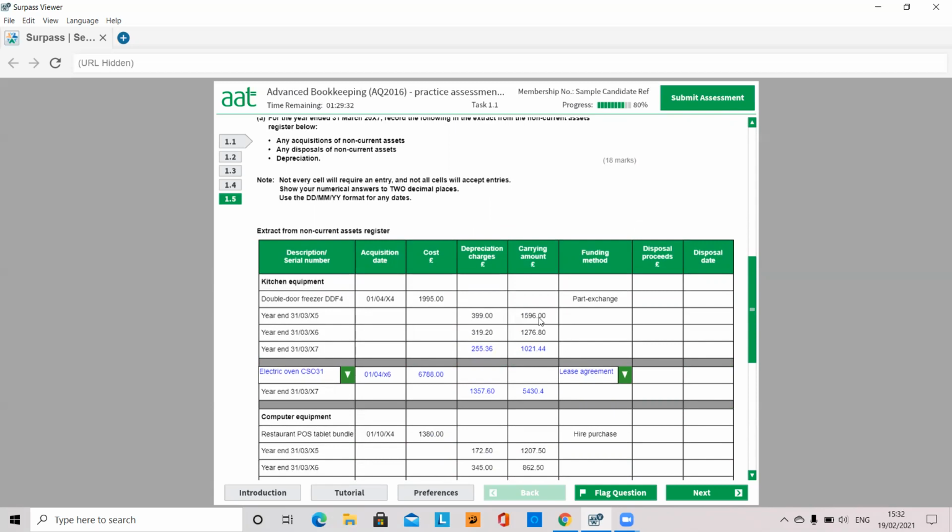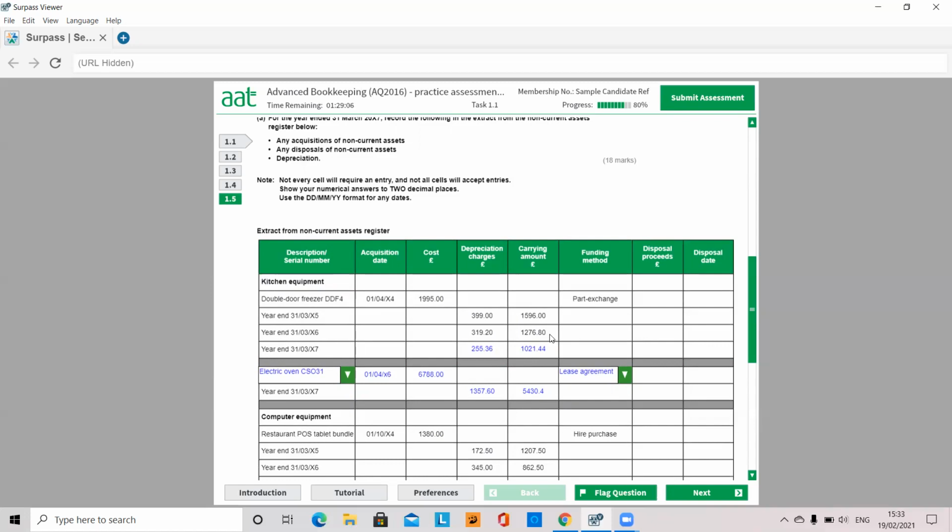So at the end of 2000x5, the carrying amount is 1995. So then you do 20% of the 1956, will give you 31920. Take that off the 1596, means at the end of the year, the carrying value of the asset at the end of 2006 is 12780.